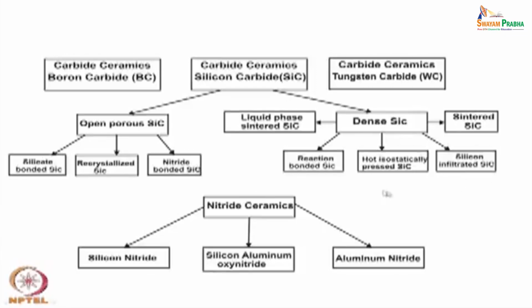Hot pressed or hot isostatically pressed. Normally ceramics are initially pressed or given a shape or consolidated at room temperature and then heated. But in this particular case, there is a variety of material in which the material is pressed or consolidated and heated simultaneously, and therefore, you can get a much finer grain material, and this material has much better mechanical properties than the normally porous materials.